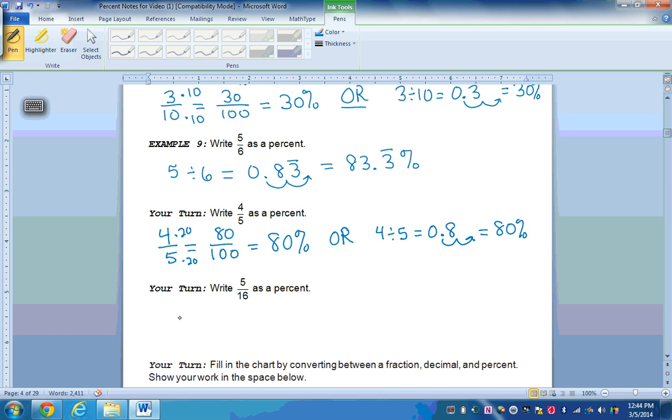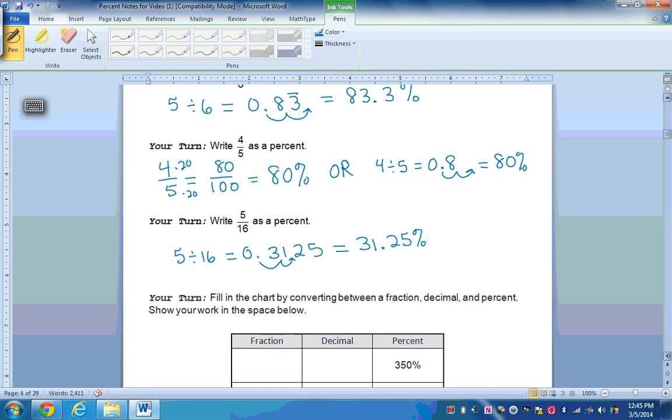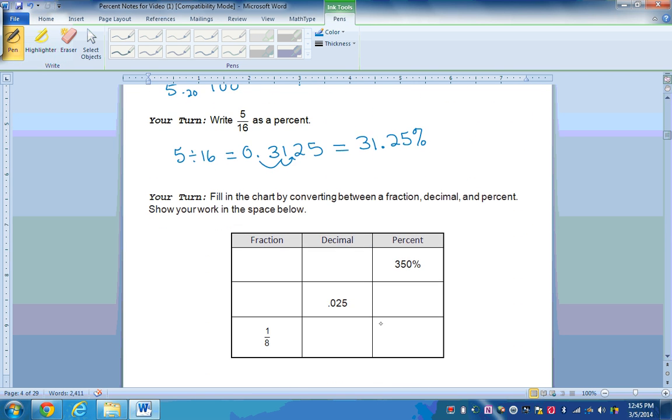5/16, we will have to use the division way. 5 divided by 16. That comes out to be 0.3125. Change it into a percent by multiplying by 100, and we get 31.25%. Right now, what I'm going to have you do is fill out this chart.